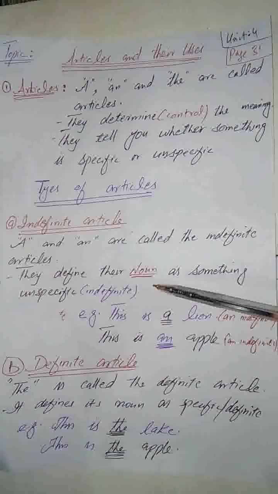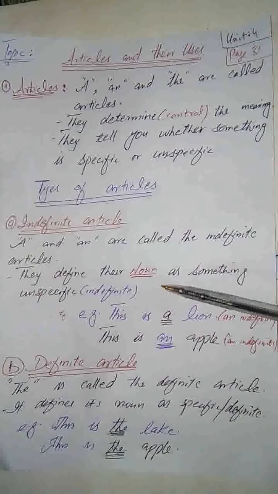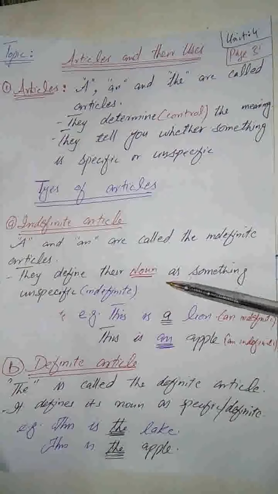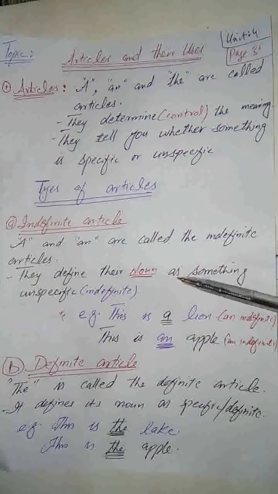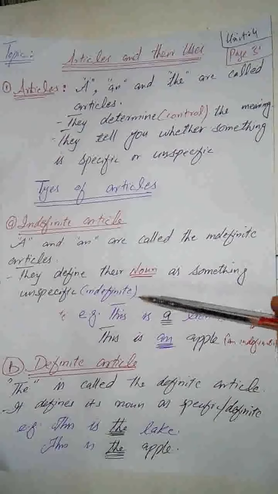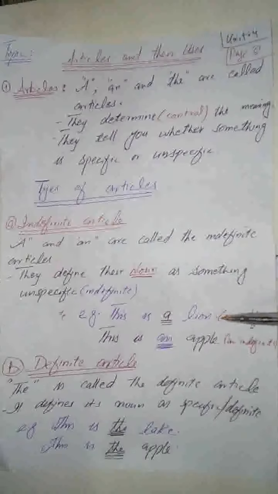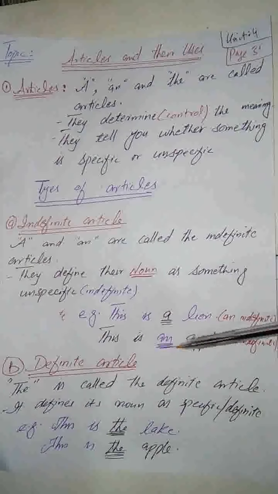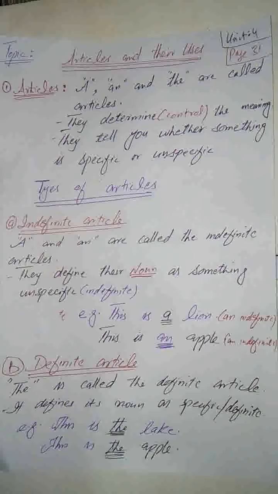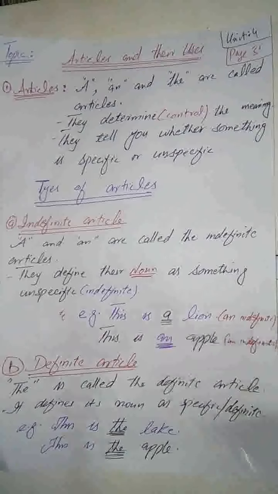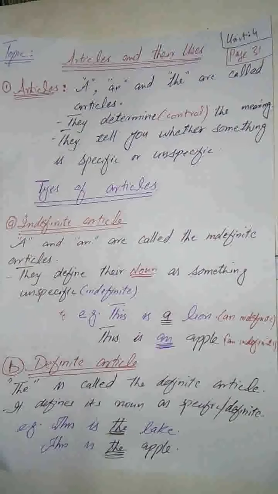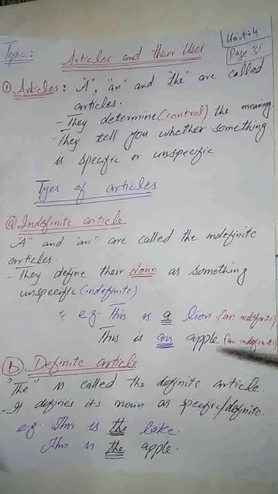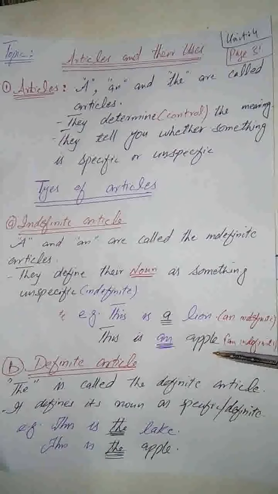These two articles are used with an indefinite noun, which is unknown. Suppose you say, this is a line. So the line is unknown to the reader, or to the audience, the listener. This is an apple. Why do you use this indefinite article? Because the apple is unknown to either the listener or the reader.